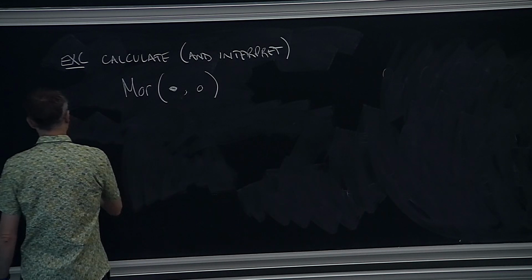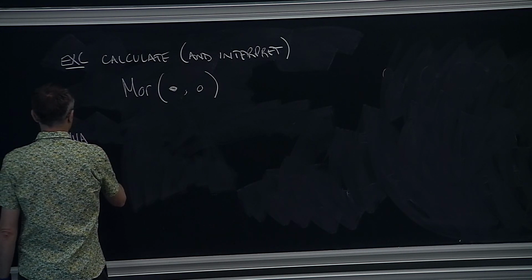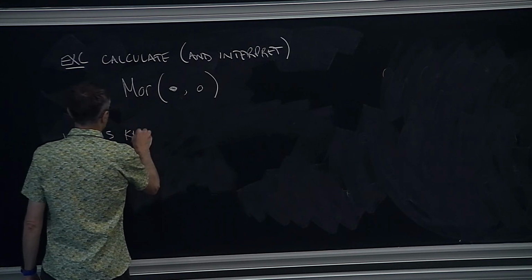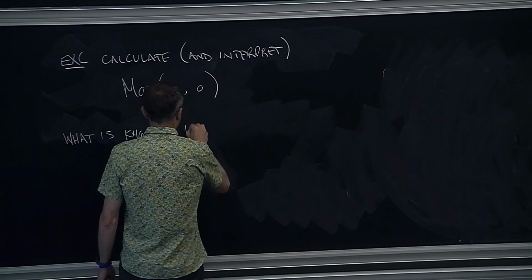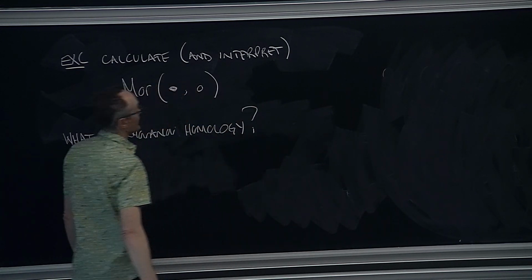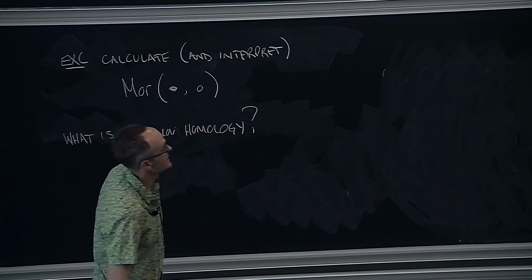Okay, so awesome. So what is Khovanov homology, and what does this sequence of symbols C, B, and twiddle mean?